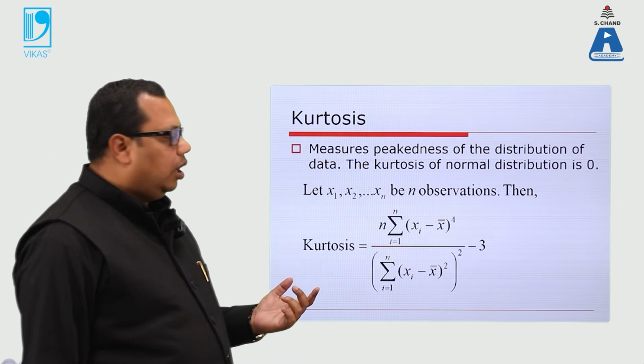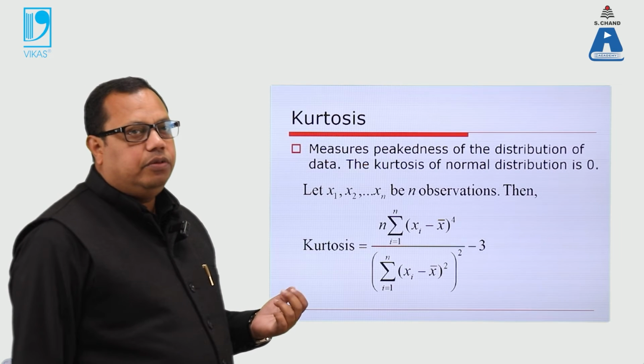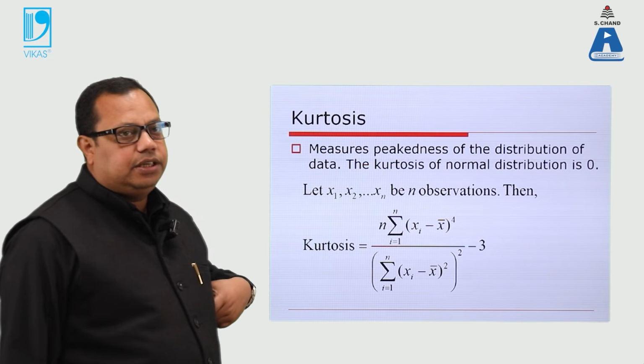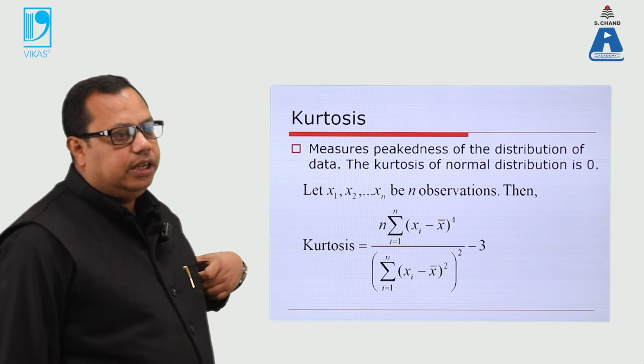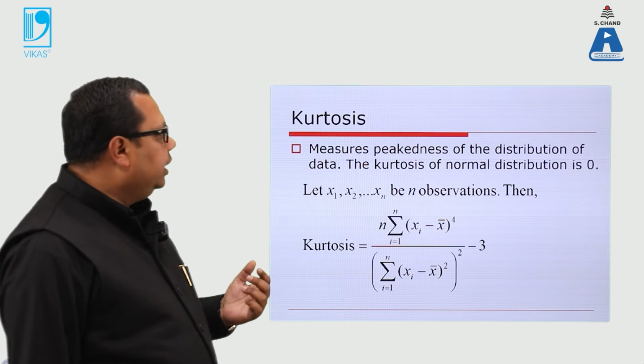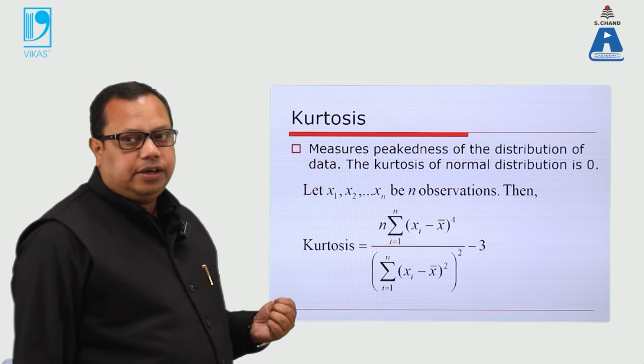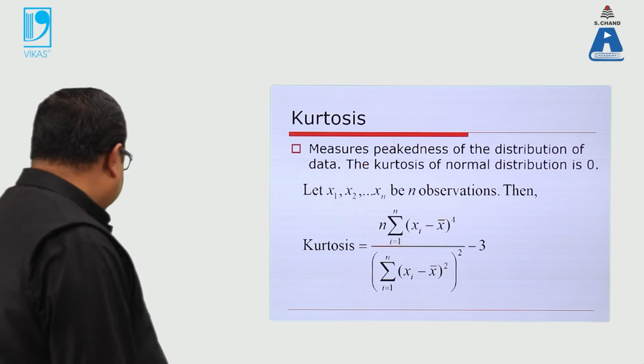Okay, so how do we calculate xi minus x bar whole square, xi minus x bar whole cube, and xi minus x bar whole raised to the power 4? So we have studied how these calculations are generally done. We'll move further now and discuss that.